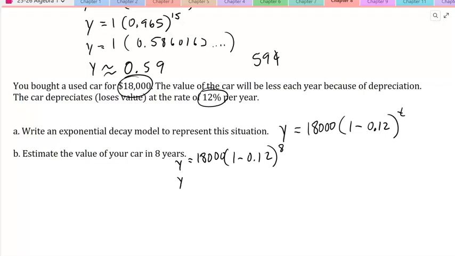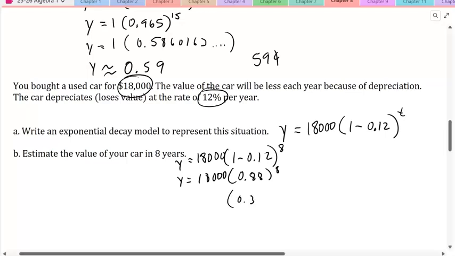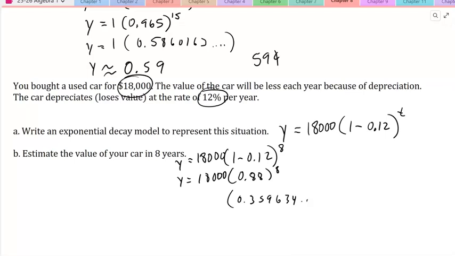Okay, so 18,000. Now 1 minus 0.12 is 0.88 to the 8th power. Now 0.88 to the 8th power is going to be 0.35964, and so on. A whole lot of stuff after that.